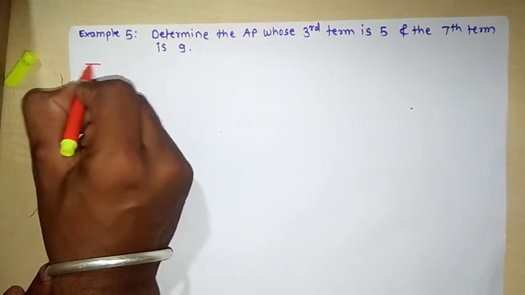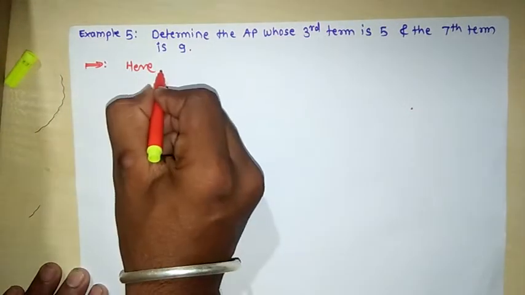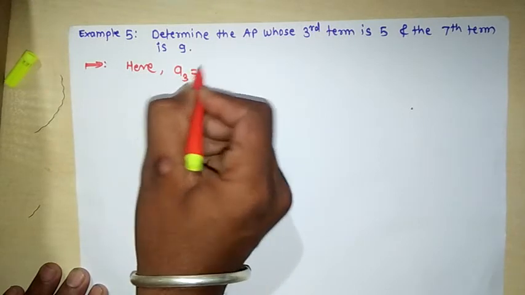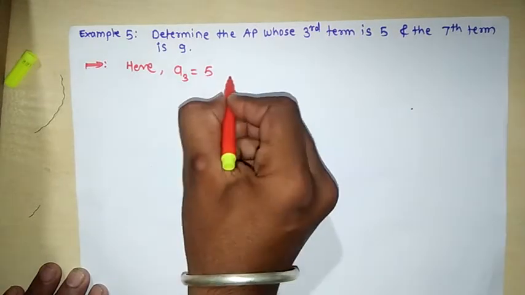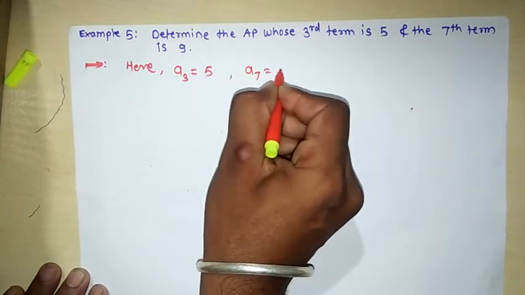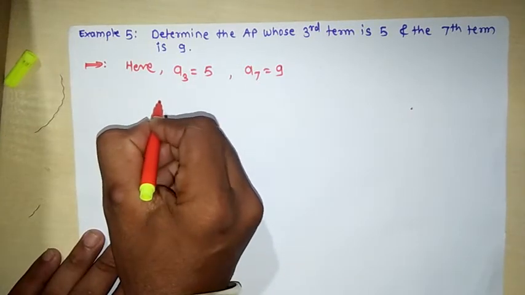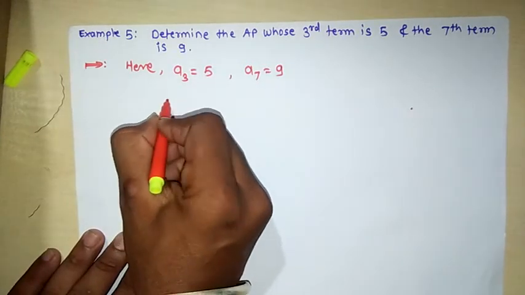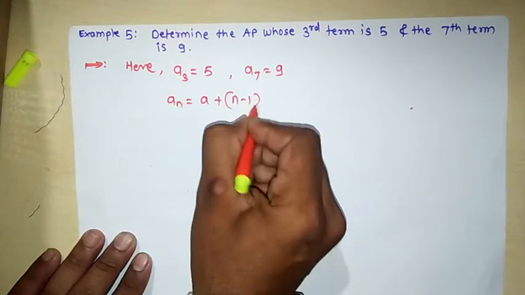What is given here? Third term means a3. a3 is equal to 5. The third term is 5 and the seventh term is 9, that is a7 is equal to 9. Now we know the general formula for an AP is an is equal to a plus n minus 1 into d.